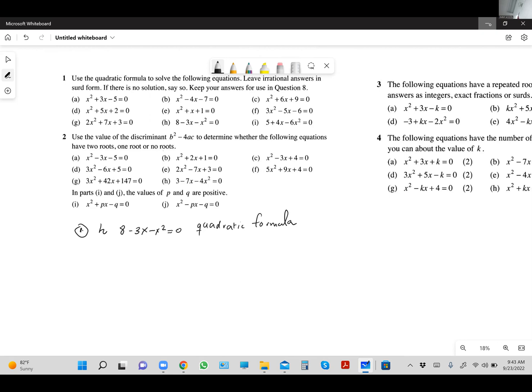Now I'm going to take the opportunity to discuss a few things about the quadratic formula. The quadratic formula is x equals -b plus or minus the square root of b squared minus 4ac all over 2a.